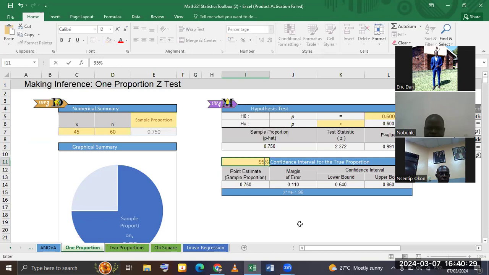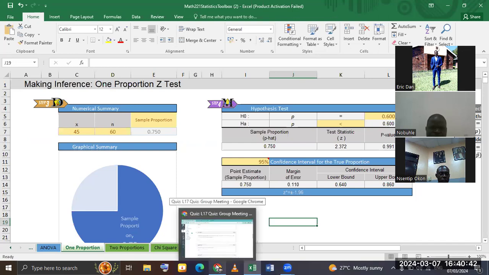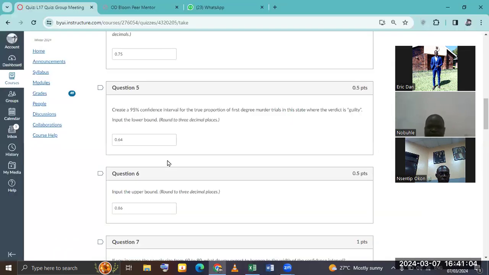Then the lower bound is 0.640, and 0.860. The lower bound is 0.640, sorry. And the upper bound is 0.864. So these are the answers.